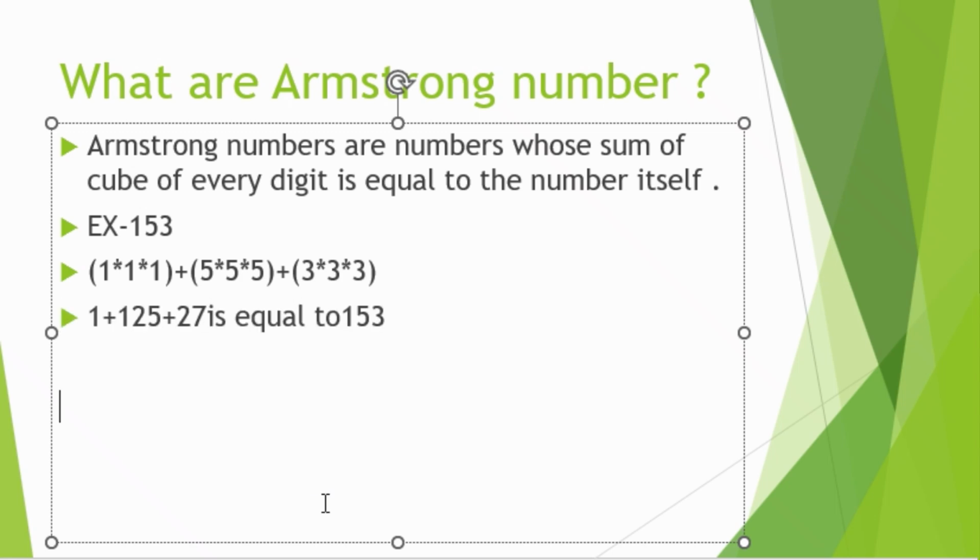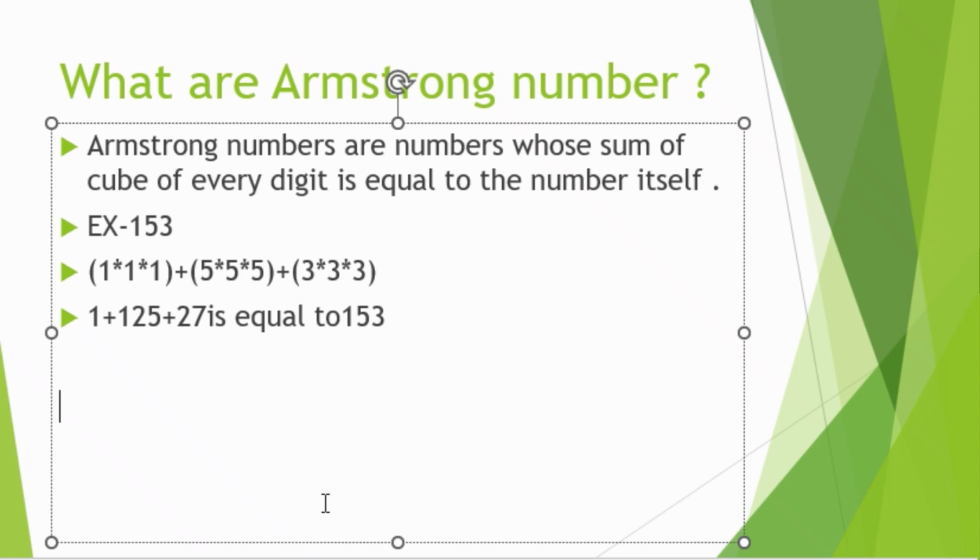So their cubes are 1 plus 125 plus 27. Adding these three numbers, we get 153. So the sum of cube of every single digit of 153 is 153 itself. So it is an Armstrong number.